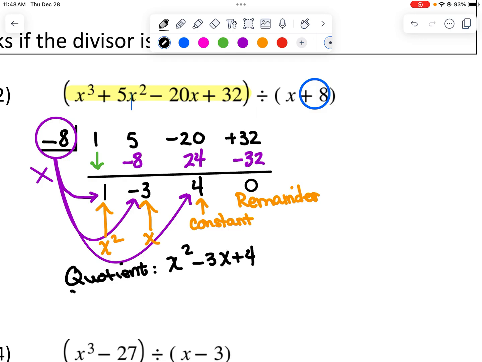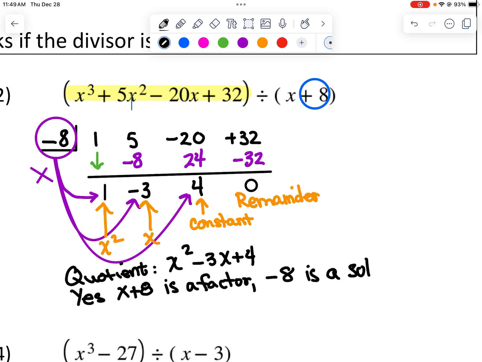And then we would say that yes, x plus 8 is a factor. Negative 8 is a solution. So the graph crosses the x-axis at negative 8, or it intersects the x-axis at negative 8.